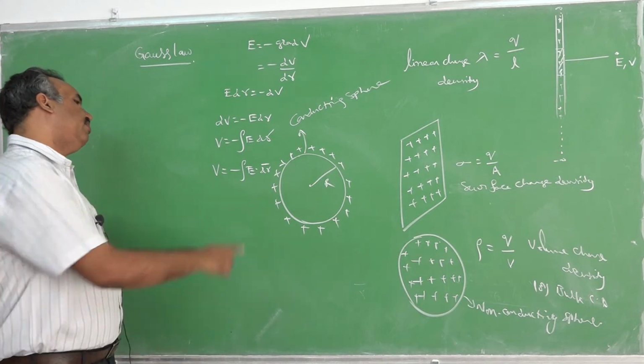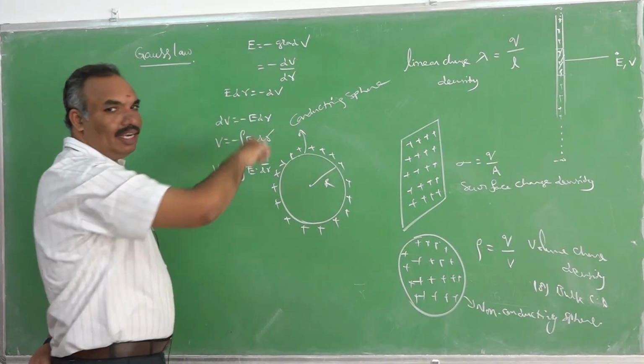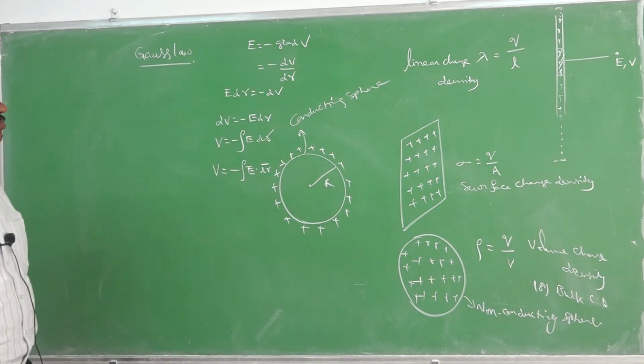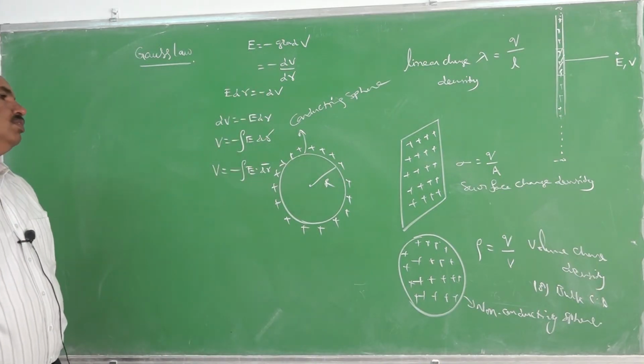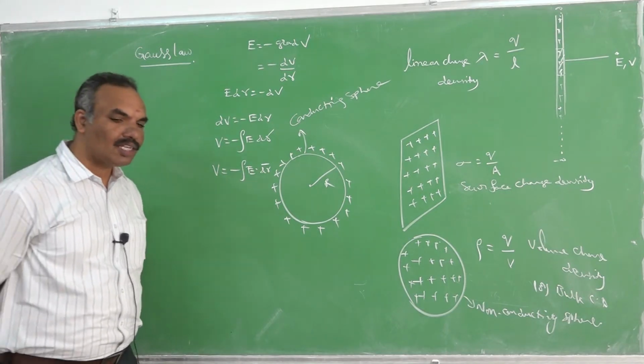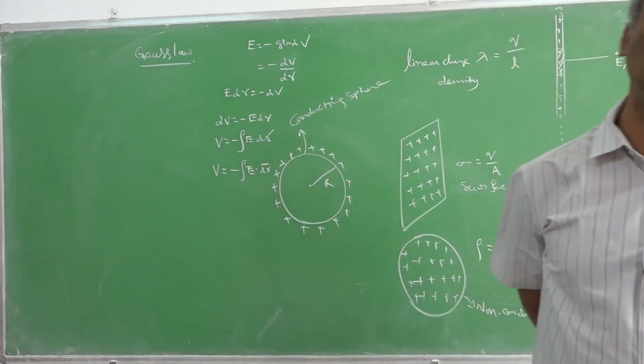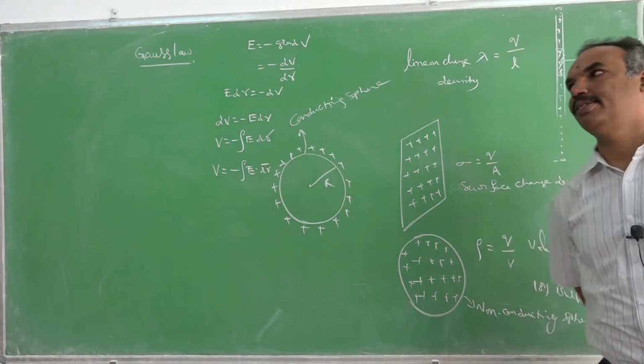By knowing electric field, you can calculate electric potential. By knowing electric potential, you can calculate electric field. Both are true. So by considering all these ideas, we can propose Gauss law. Gauss law provides an easy method of calculating electric field strength due to various charge distributions.